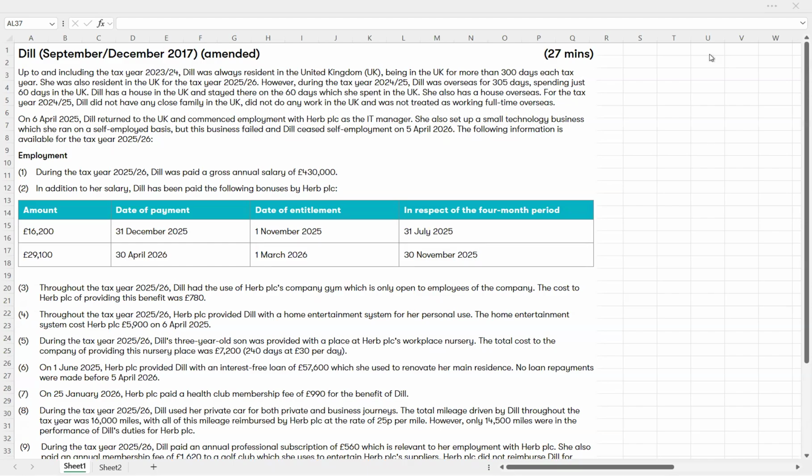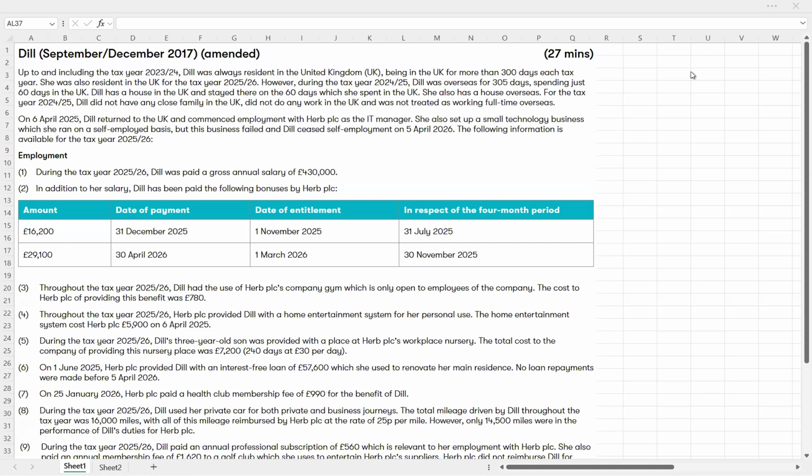Students, we are looking at a question that was assessed in December 2017. The name of the question is Dill, and this question will help us to look at the residency issue in detail, like who is considered a resident in the UK, the various tests that we make an individual go through when determining their residency status.